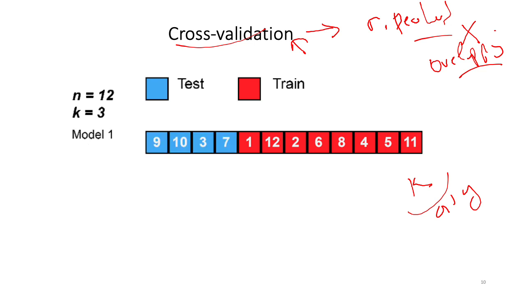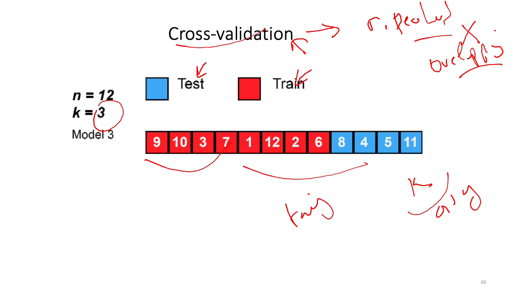In the example here in the picture, you shuffle your data, and the blue represents testing and red represents training. Here we have k folds. You can actually have any number k. So you shuffle your data, and in the first fold we use just these instances for testing and the rest for training. Then you get the first accuracy.